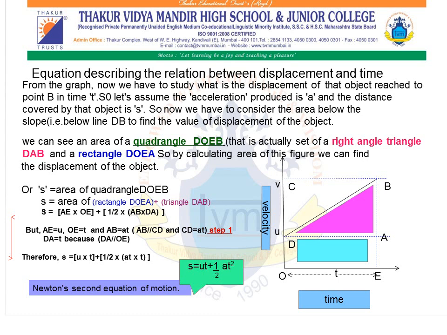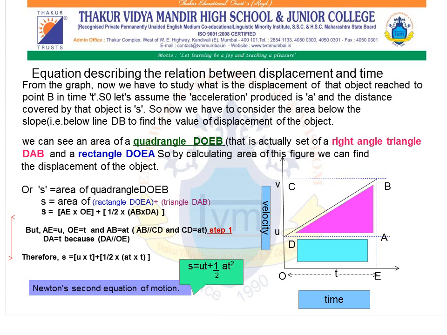Why AT? Because we have seen that AB is parallel to CD here, and the value of CD we found is AT in step 1. Same, the value of DA is equal to T, because DA is parallel to OE and that is equal to the time taken to cover that distance.